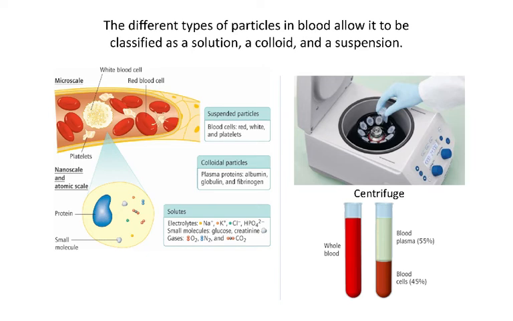They're larger than a micrometer, and they are heterogeneous. You may be able to even see them. You can see them with a microscope. There are colloidal particles that are kind of the intermediate phase that give it a color and cloudiness, and plasma proteins and other things. And definitely there are solutes, small molecules dissolved, electrolytes, gases, glucose, things like that. So you have a little bit of everything in there.